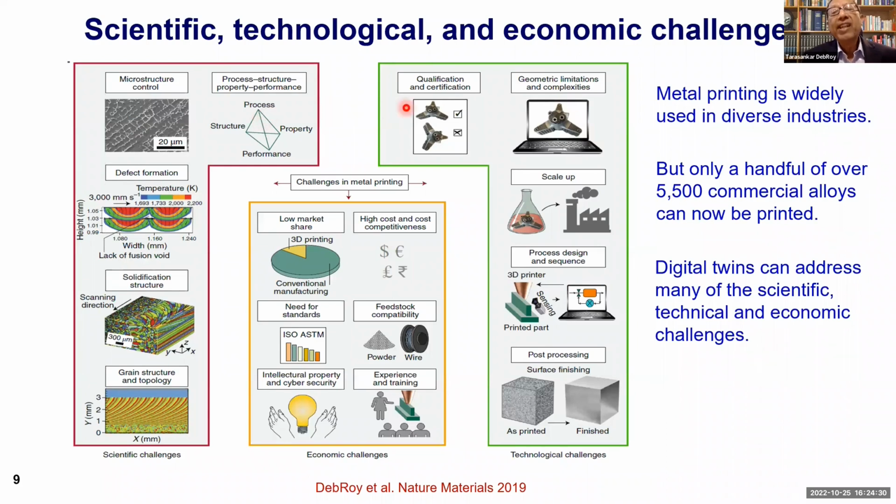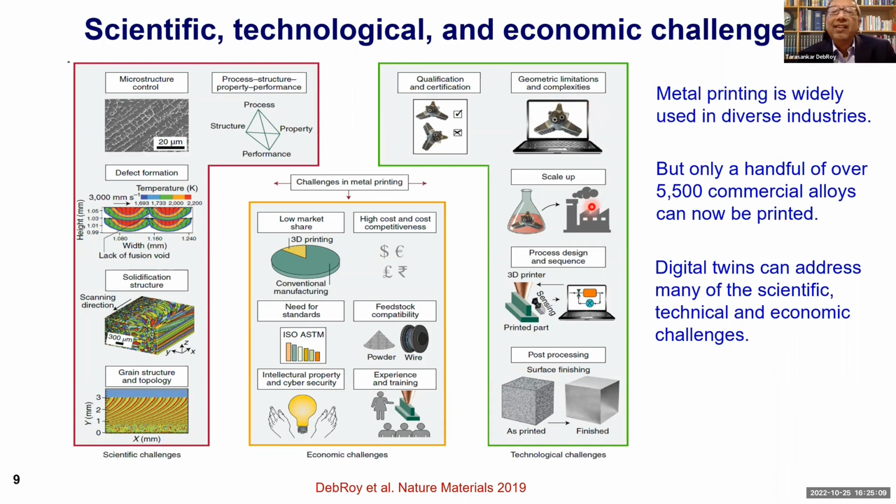So these are some of the scientific issues that we have to deal with. In terms of technological issues, part qualification is a big deal. It's a big deal because if the parts are not certified, then we have to redo our parts, and that is very expensive. We can make very complex things using additive manufacturing, but there are limitations of complexity. There are geometric limitations of what we may be able to do easily and what is very difficult to do.